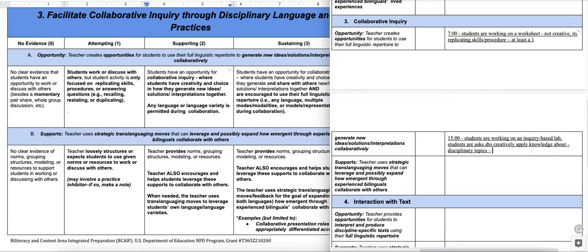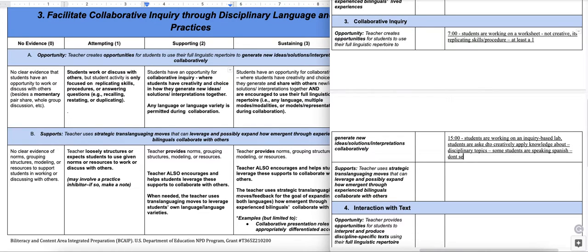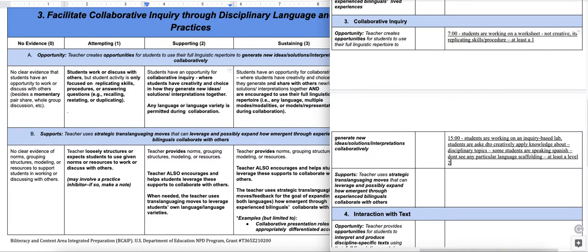And some students are speaking Spanish. Okay, so look, we don't see any particular language scaffolding, so it's at least a level 2.